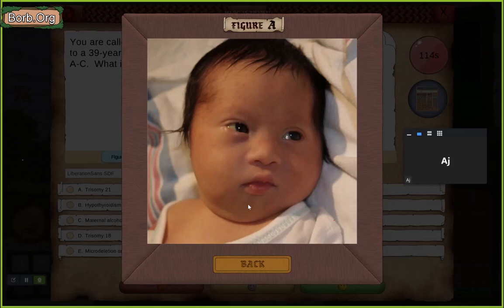No. Okay. So what is the distinguishing feature from one side to the other? The right side of your face is sort of puffy or something. Are you saying the patient's right side or my right side?